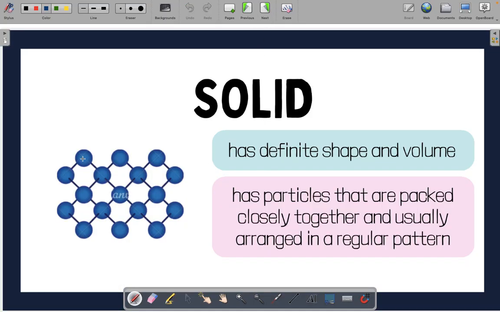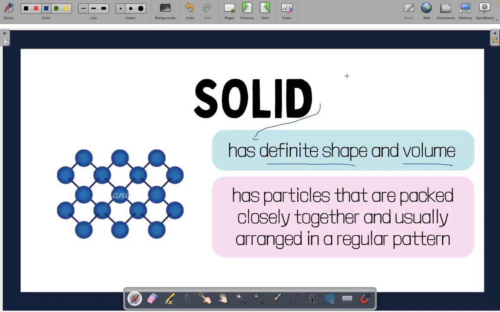So now see, the atoms or molecules inside a solid, right? The property of a solid is that solids have a definite shape, a fixed shape. So if you have, say, a solid iron rod, it will have a fixed shape, right? And it will also have a fixed volume, right? So you cannot change the volume of a solid, or you cannot change the shape of a solid, although there are some exceptions.